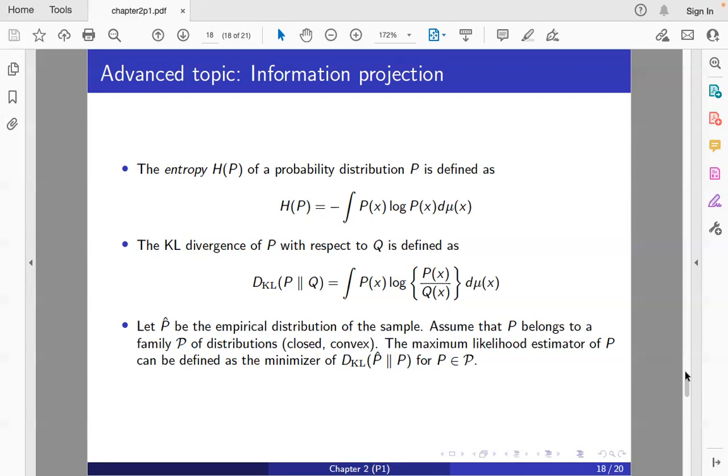The first term is just a constant, free of theta.